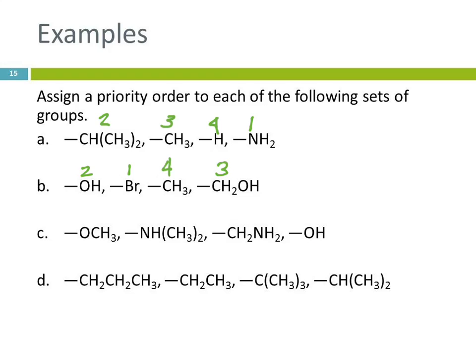Which one has higher priority? The one with the carbon. So this is number 1, and this last guy is number 2. And then we've got carbon and nitrogen. Nitrogen is the next largest atom, next highest atomic number after oxygen, and then this guy is 4.